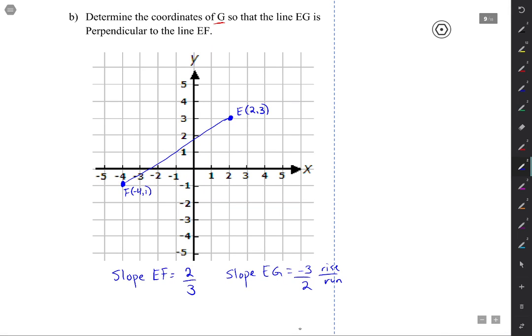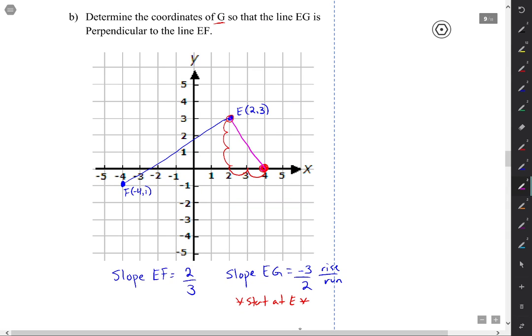So we start at point E and do this perpendicular slope, negative 3 over 2. We're going to rise negative 3, so we go downwards from point E, 1, 2, 3 times, and then we run 2 times, 1, 2. So we end up right here.